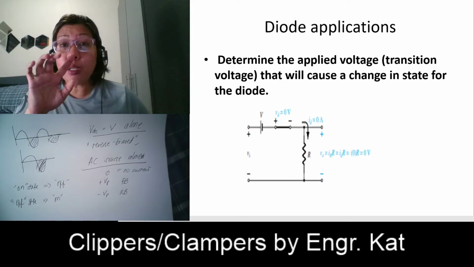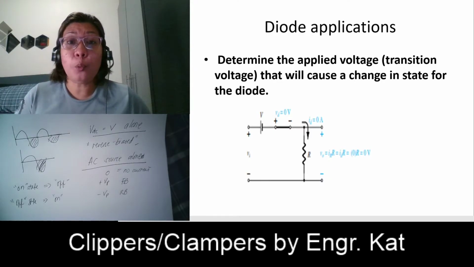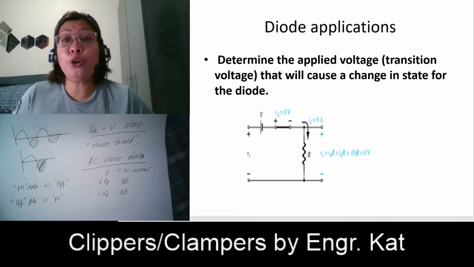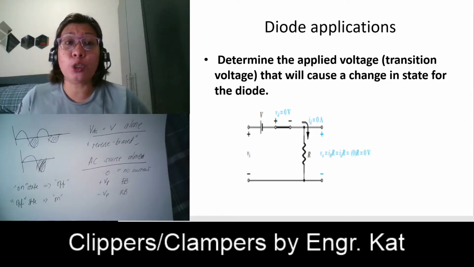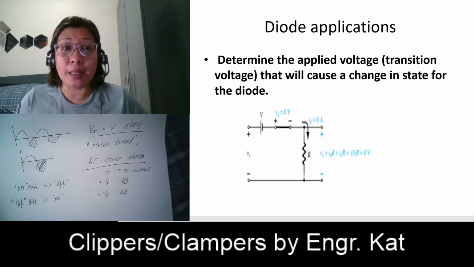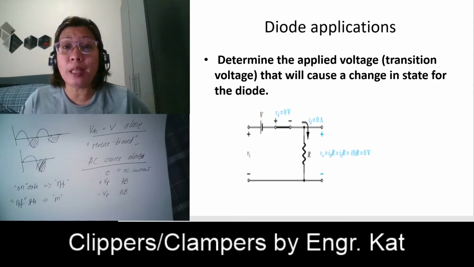So, the transition voltage occurs when your diode voltage is 0, and at the same time, your current is also equal to 0. If your current is equal to 0, no current will flow across your R. So, what happens? Therefore, we don't have any voltage drop here.